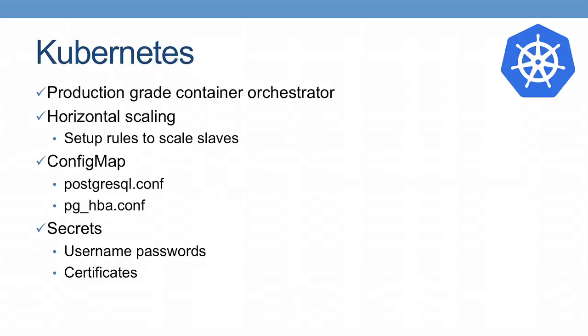The other common problem is applying common configurations across all these clusters. Kubernetes has something called a config map. A config map allows you to push the same configuration to a set of clusters which are similar in nature, with various differences that you can have. You would take a Postgres.conf, if you have a standard setup. Say I have a dev, test, QA setup.